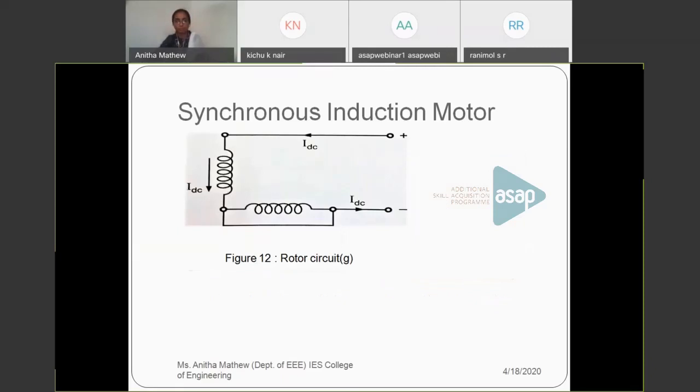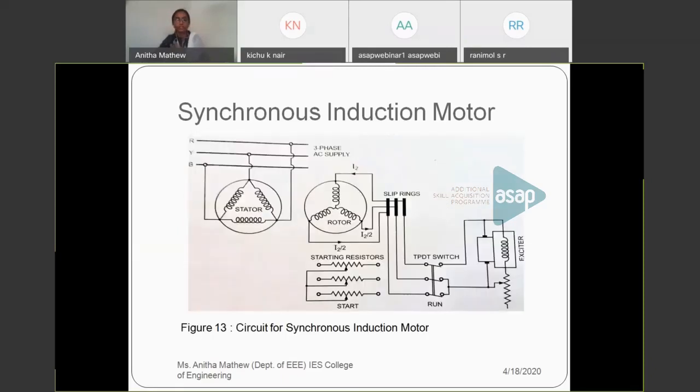This is the circuit for synchronous induction motor. This is the stator part. The delta connected stator part is connected to the three-phase supply. This is the rotor part.